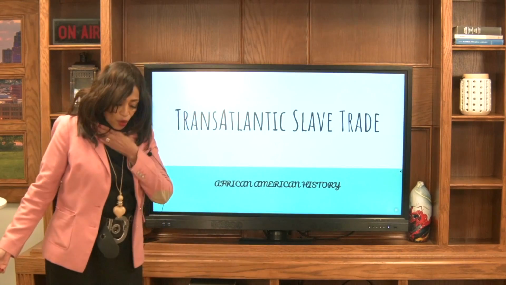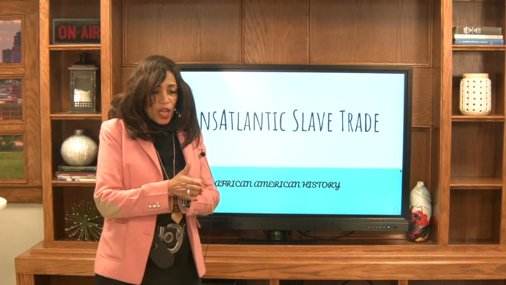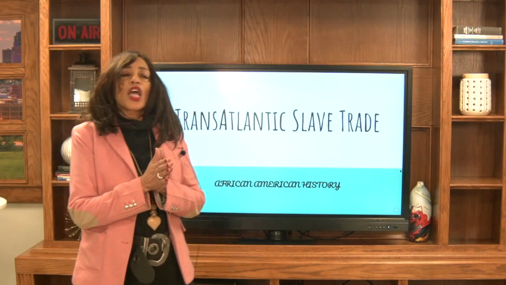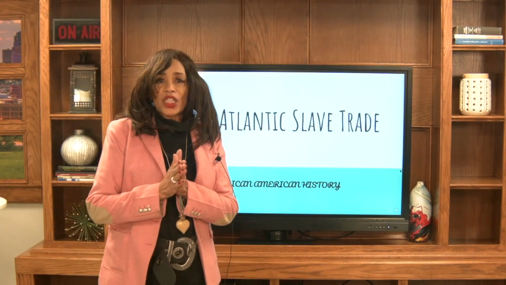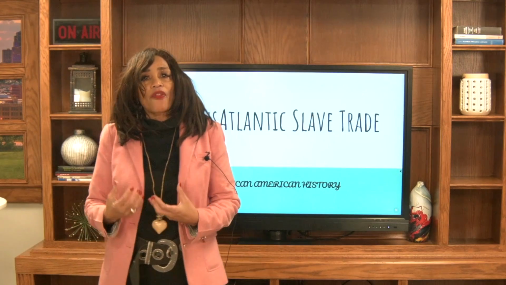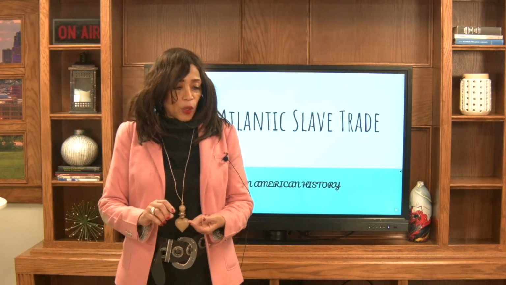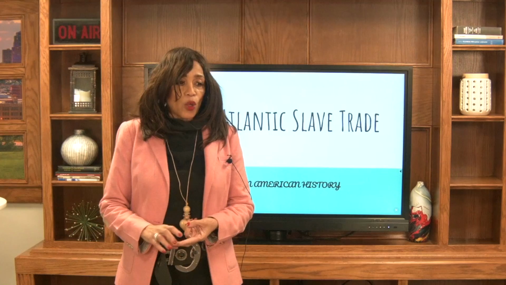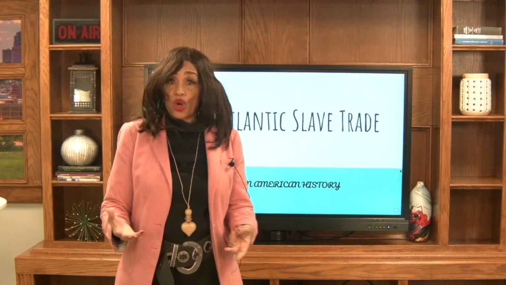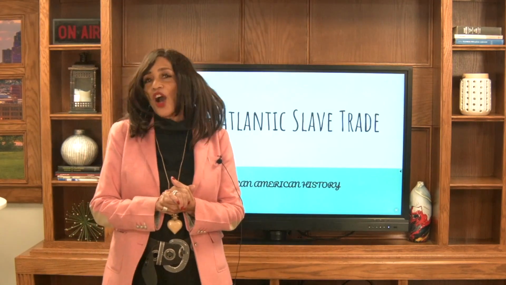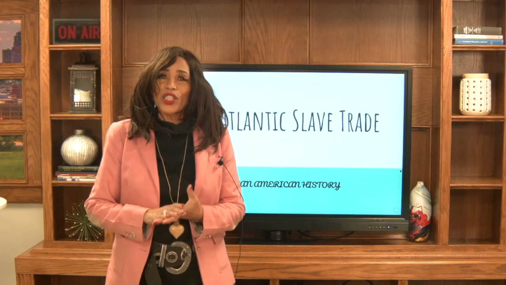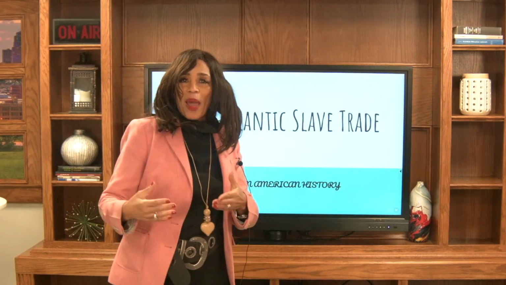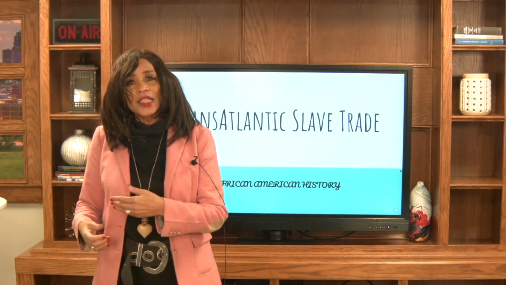Okay, so here's what we know for sure. The Atlantic slave trade happened first in the 1400s. We moved on down to the 1600s, into the 1700s, where other countries became involved. Those countries were Britain, of course Europe. We had Asia involved. We had the Portuguese involved. We had Spain. We had the Netherlands.